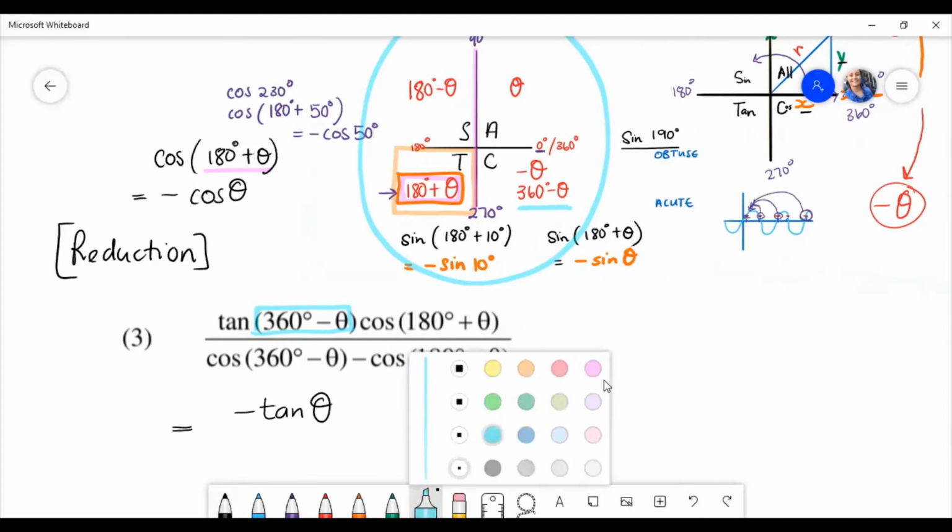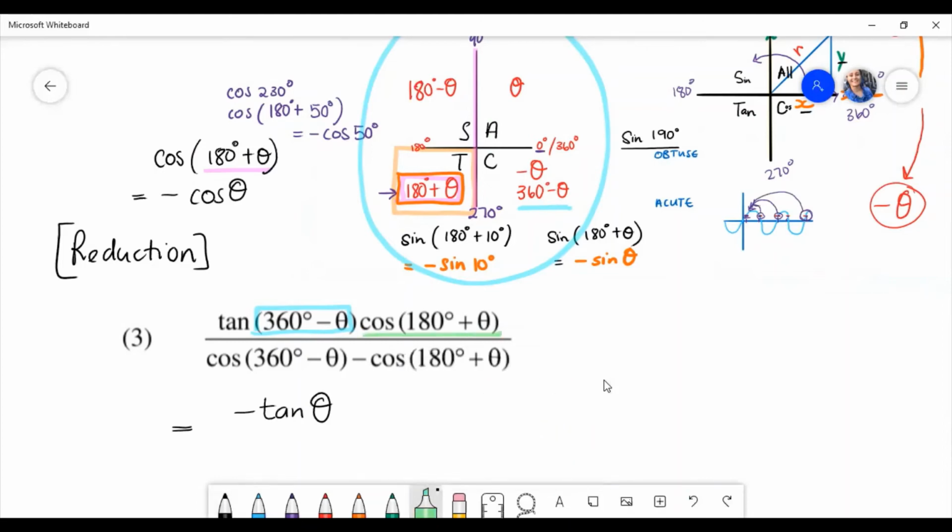Then my next one is cos 180 plus theta. I go to 180 plus theta. I ask myself, is cos positive or negative there? Cos is negative. And I reduce it to negative cos of theta.